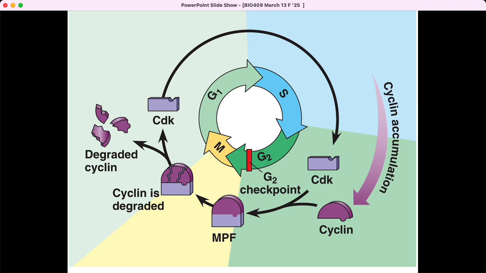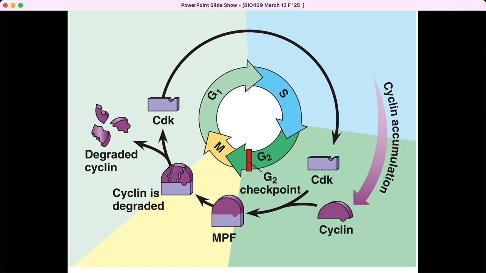Okay? Next thing to notice is that this cyclin, CDK1, cyclin B, it just builds up during S phase and then G2. It's there already. Entry into M phase is really not controlled by that cyclin.